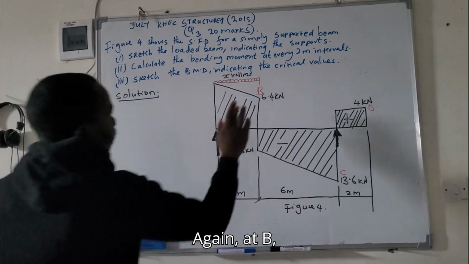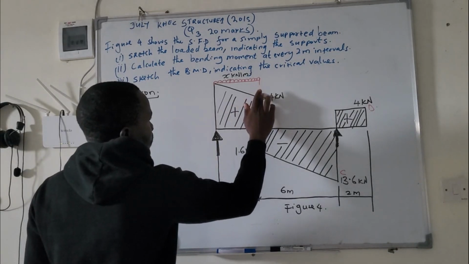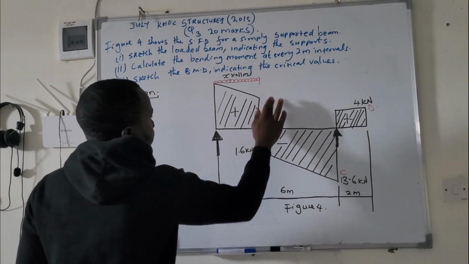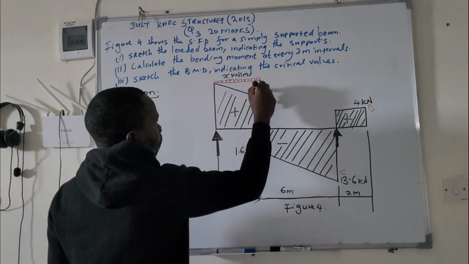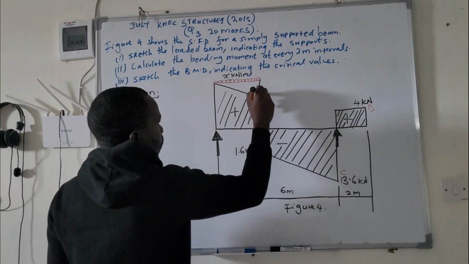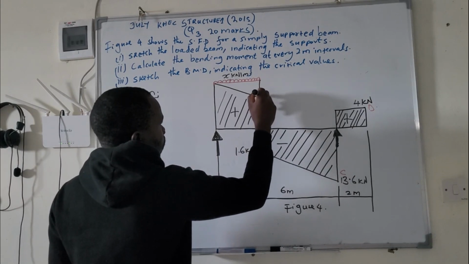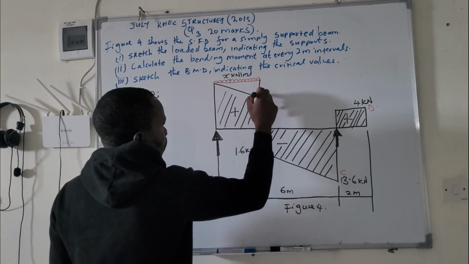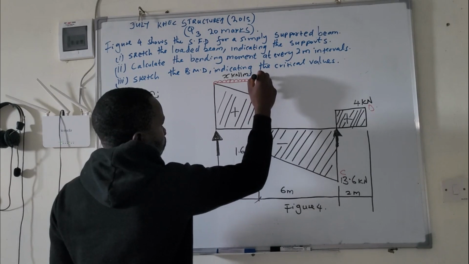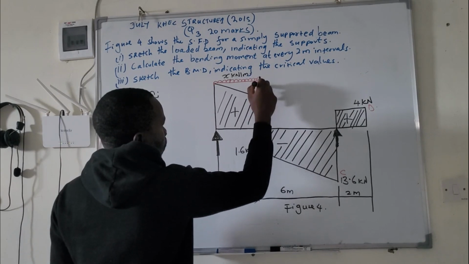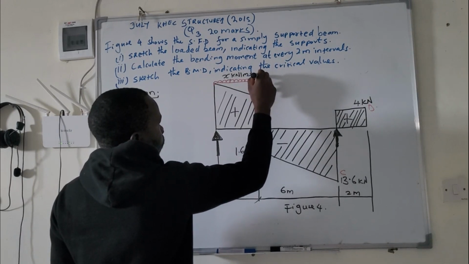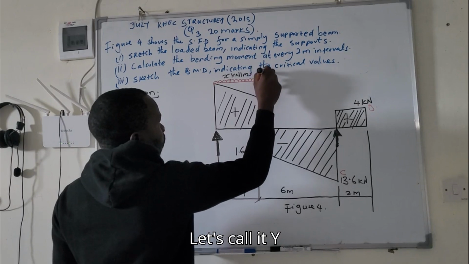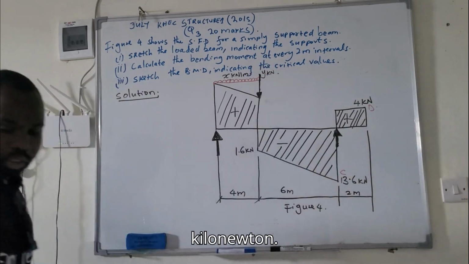Again, at B, we have a point load. Let's call it Y kilonewton.